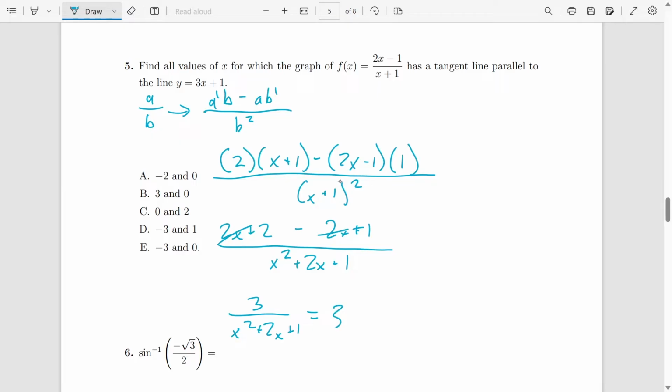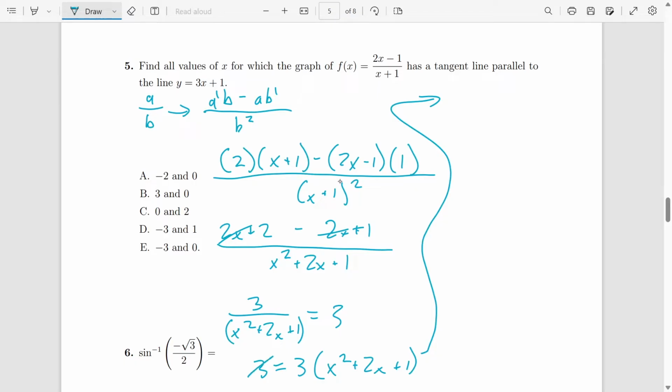So now we're at this step. We can solve for x. I think we can start by multiplying both sides by that term, which will give us 3 equals 3 times x squared plus 2x plus 1. So we can cancel both of these 3's out and get 1 equals x squared plus 2x plus 1.